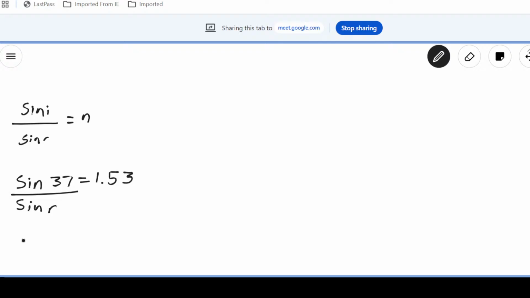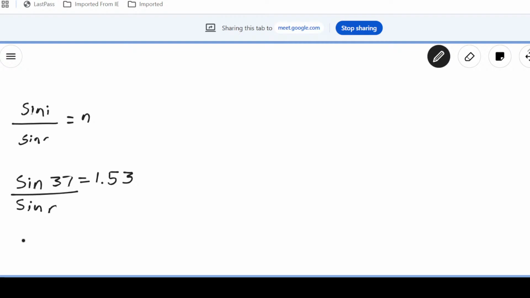I was going to write sine 37 over 1.53. So that's how you would calculate that.